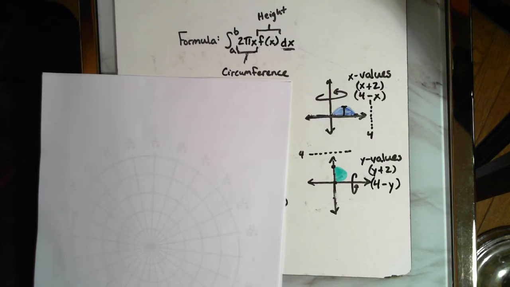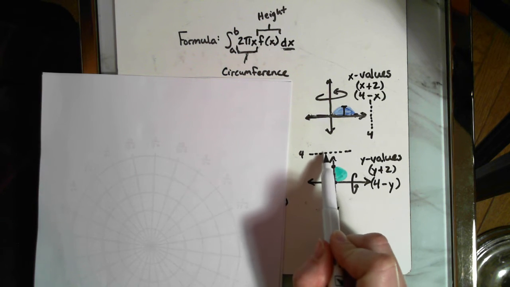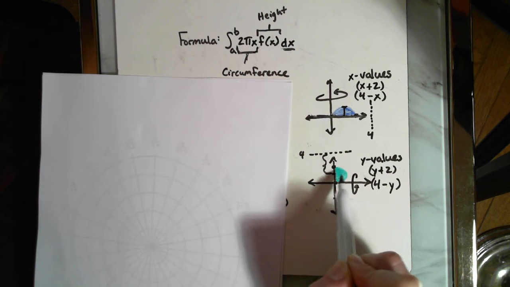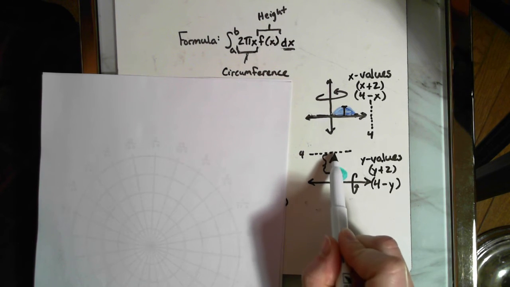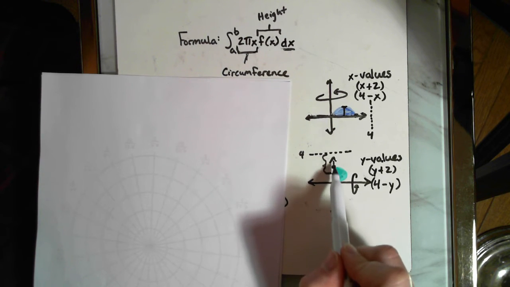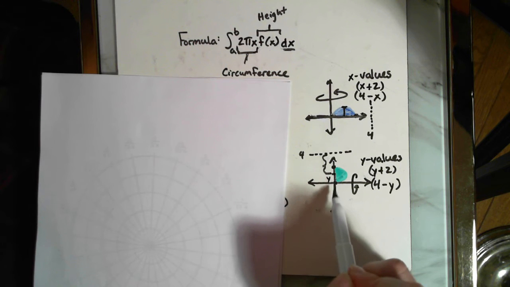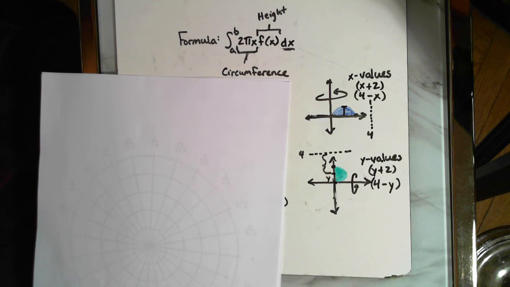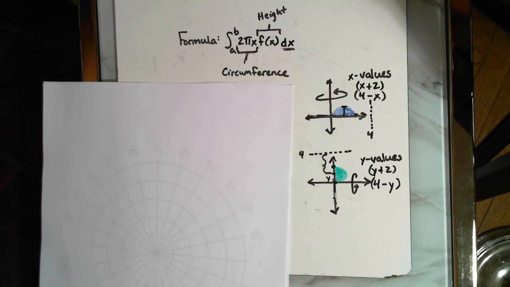And that's, again, because I would need to have a positive radius value. I'm looking at the radius value from this 4 down to whatever y value I'm looking at here. So 4 is the highest it could go, and I have to subtract out that y value to get this distance, because this is the y down here. This is the y distance, and I do 4 minus that y to get this radius distance. Okay, that's basically everything about that circumference formula.